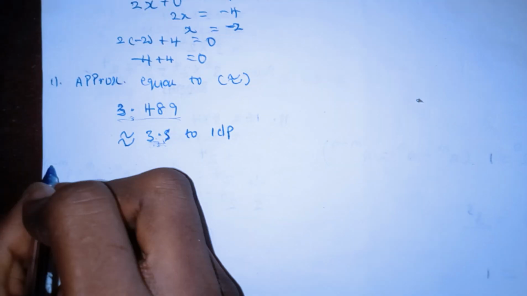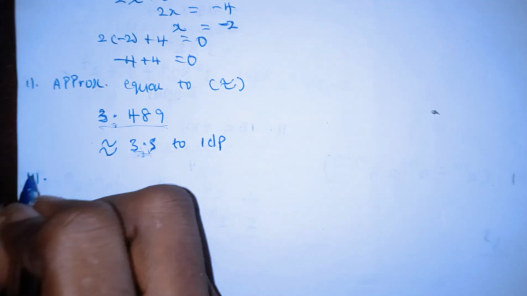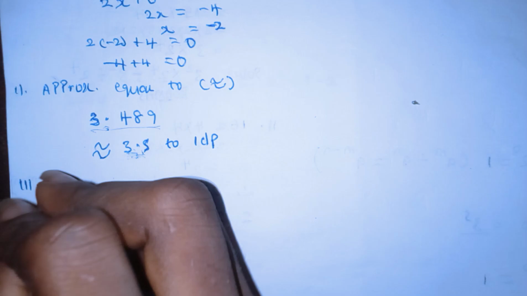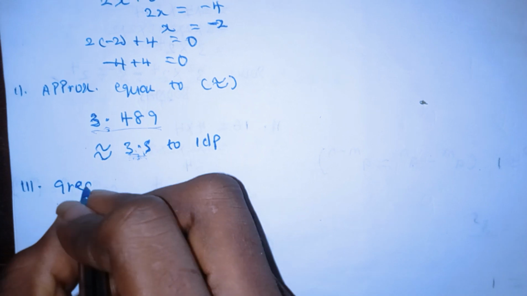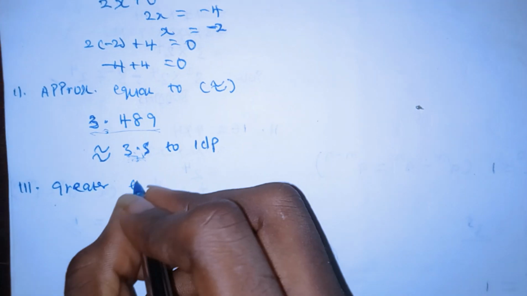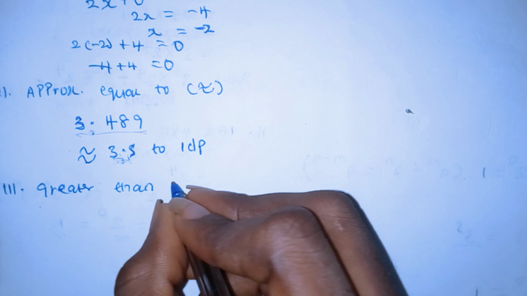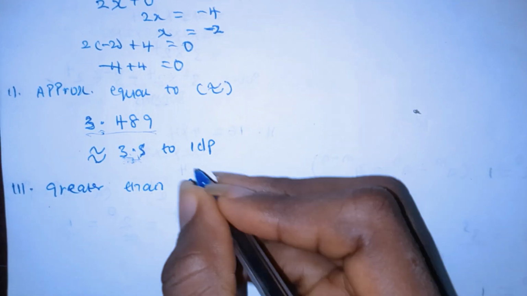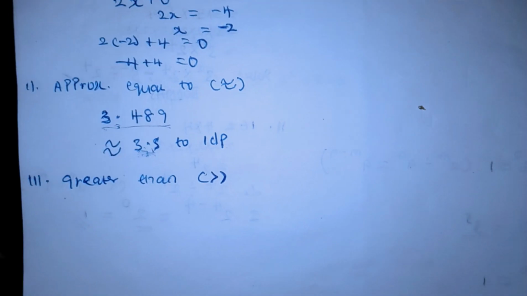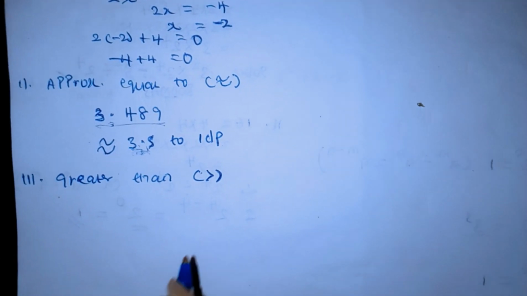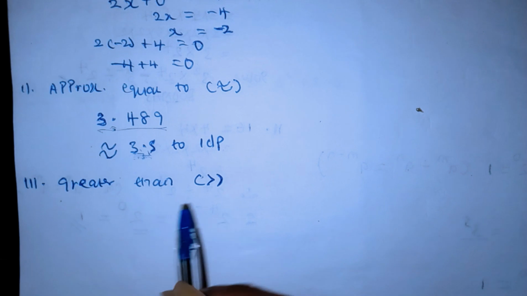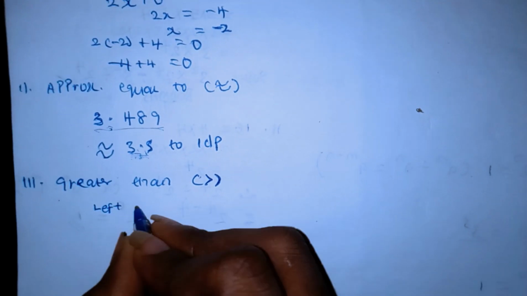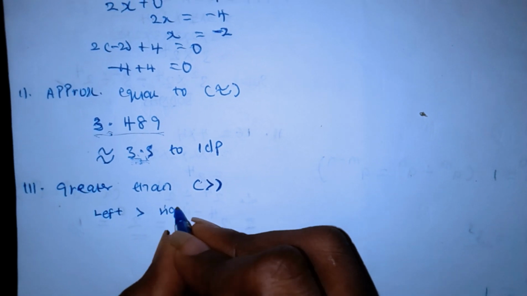Let's go to the third one. The third one is greater than, and it has this sign. Look at it: left greater than right.